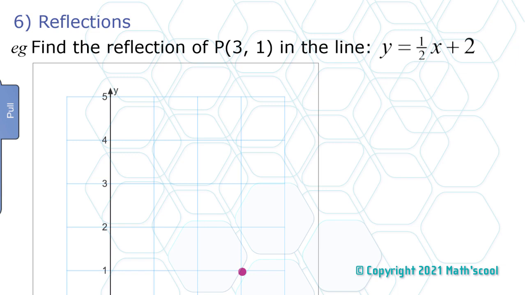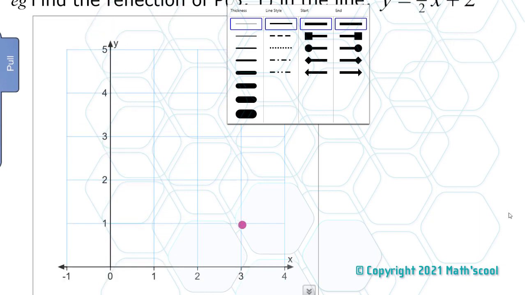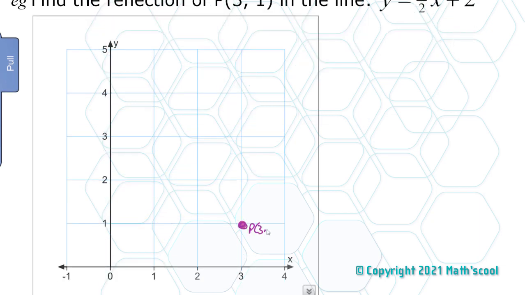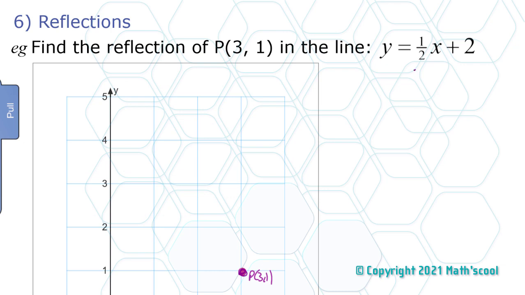Find the reflection of the point P31. So here's our point P31 in this line here. Now I'm going to add that line to my diagram, and I know that the y-intercept of the line is 2, and I know the gradient is 1 up, 2 across.